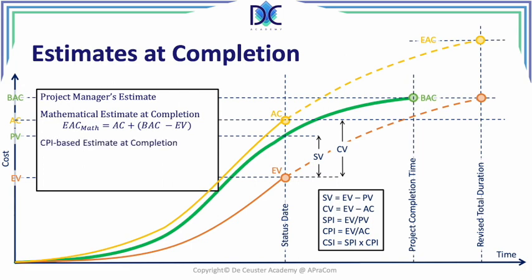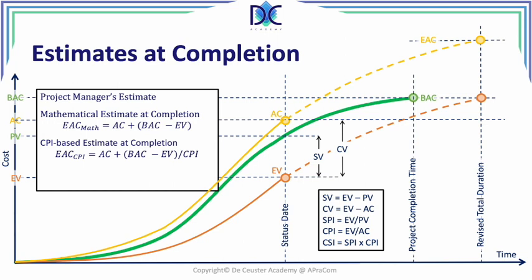A second parameter is the CPI-based estimate at completion. And here we have the same formula, but now we divide by the CPI. We assume that the future performance index will be the same as the past performance index.